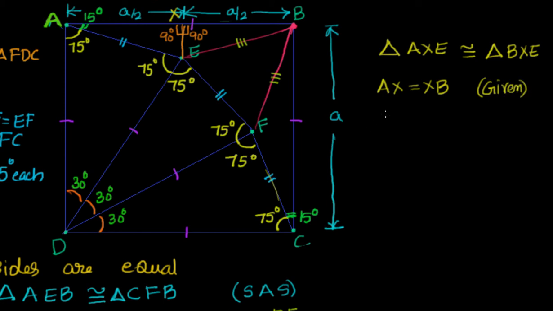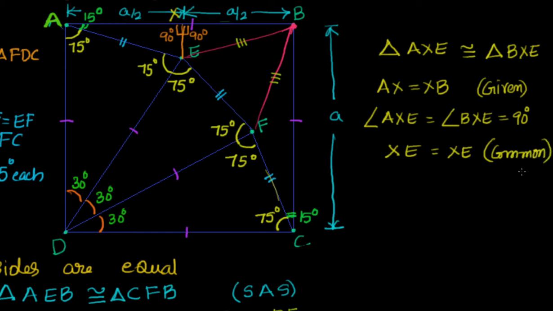Then we know that angle AXE is equal to angle BXE equal to 90 degrees. Not only that, we know that XE is equal to XE. That's a common side, or reflexive property, however you want to say. Now these two triangles are congruent to each other by side, angle, side. Again SAS. You can go for RHS also, but let's stick to SAS for now. Anything is fine.